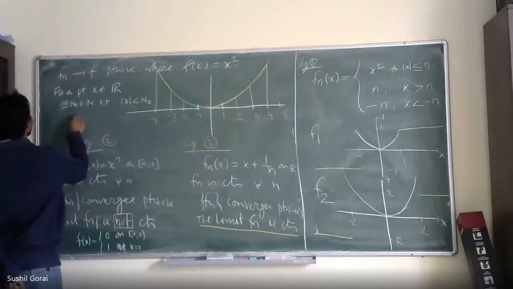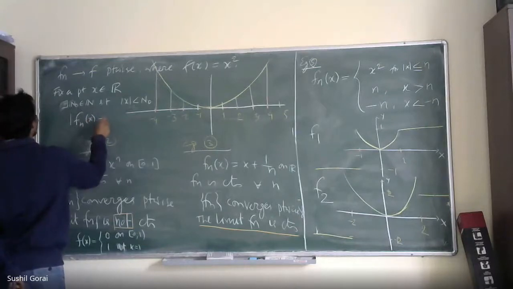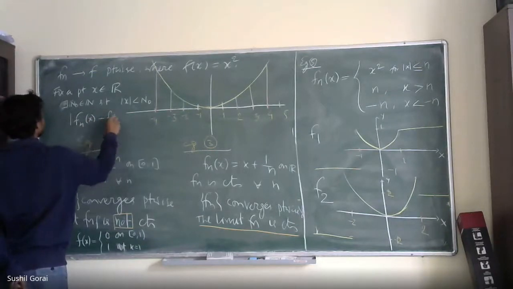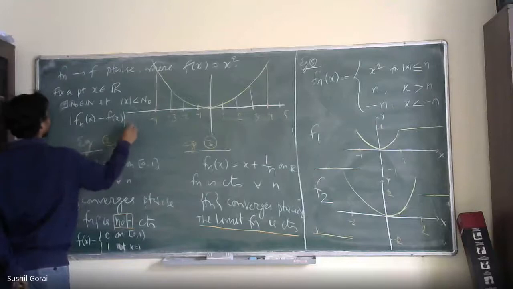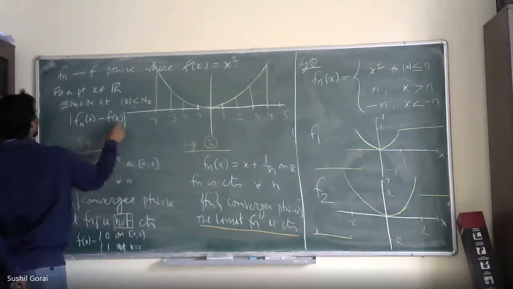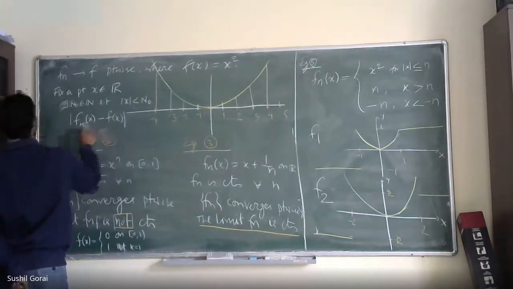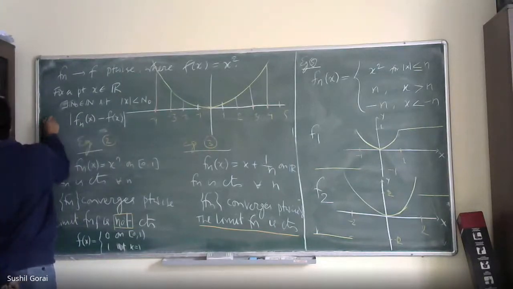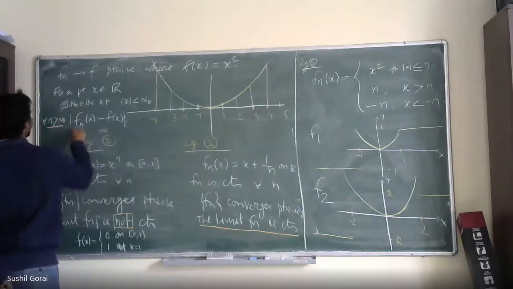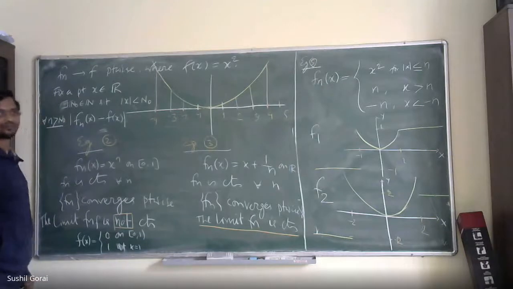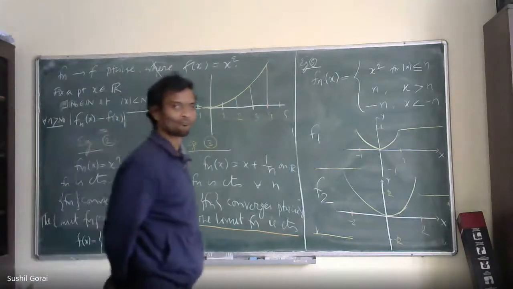Now, what is f_n(x) minus f(x)? For all n bigger than n naught, look at this one. What is this? It's 0.